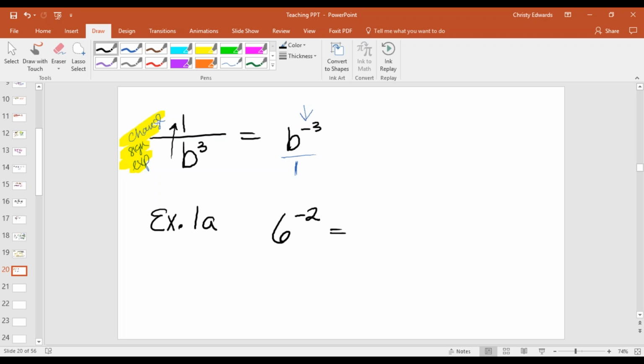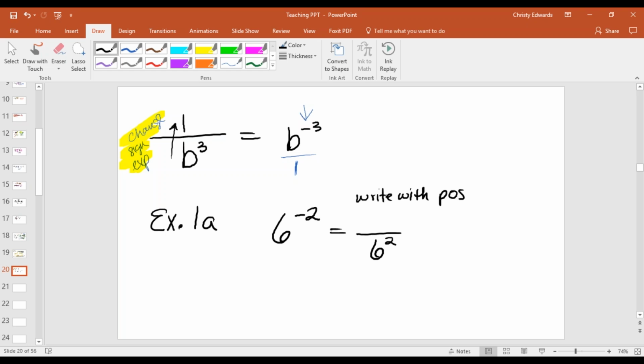If 6 to the negative 2 is sitting here like this, it must be in the what? Numerator or the denominator right now. It must be in the numerator, right? So to write it with its positive exponent, he needs to go into the denominator. Then he gets to be positive.